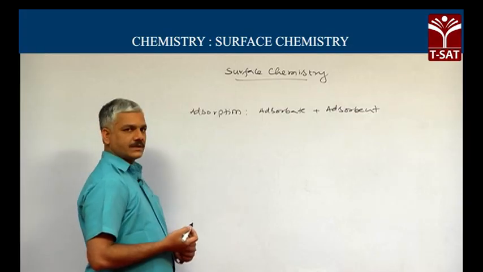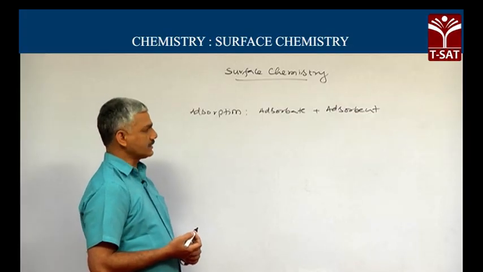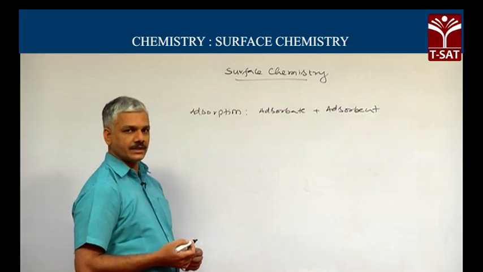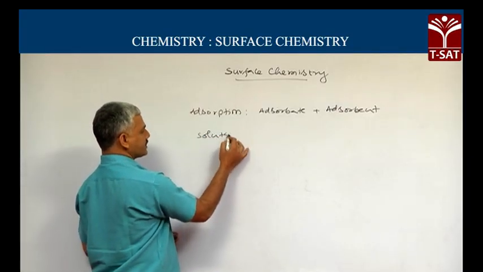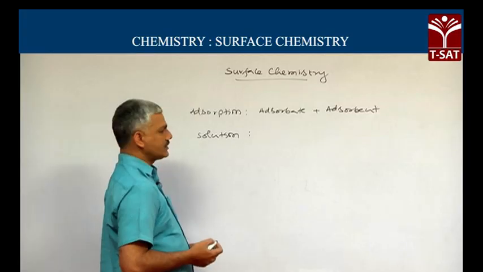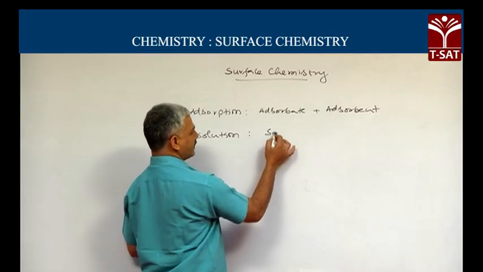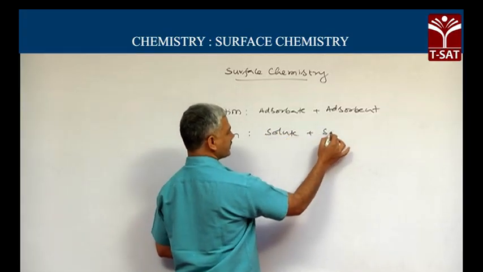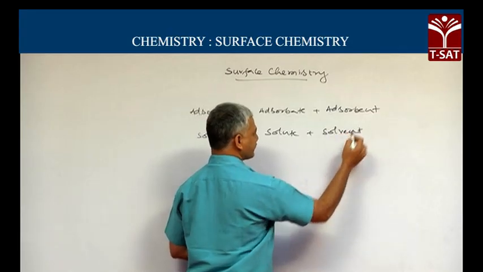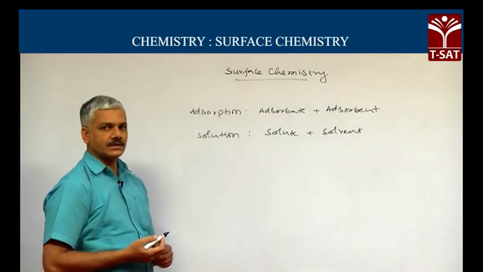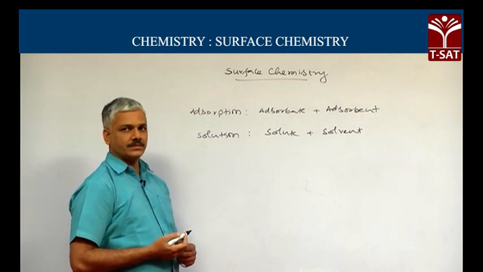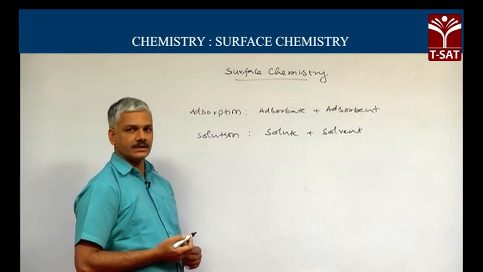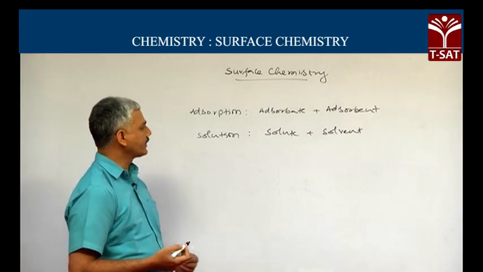This concept of adsorption and the corresponding terms adsorbate and adsorbent can be compared to a binary solution. A binary solution consists of two components: solute and solvent. The difference is that a solution is a homogeneous mixture, whereas the process of adsorption is heterogeneous in nature.